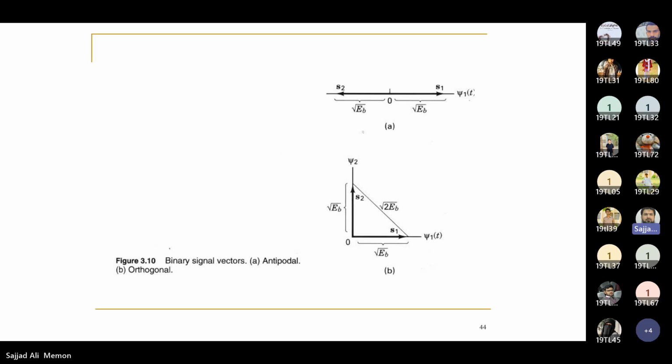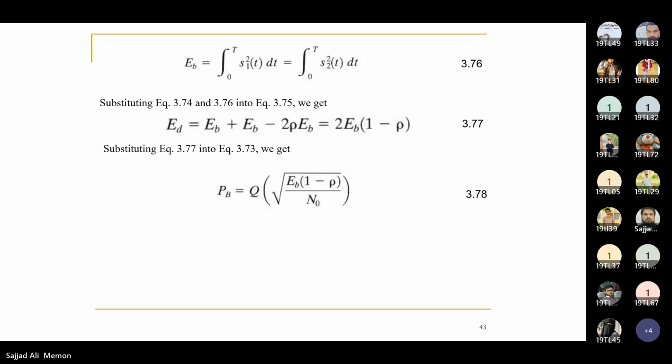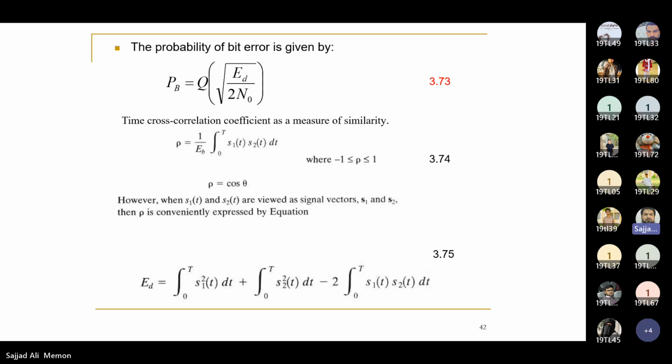So when we have binary signal vectors and antipodal signals, what is the probability of bit error for antipodal signals? So when we have two antipodal signals, what will be the angle between them?